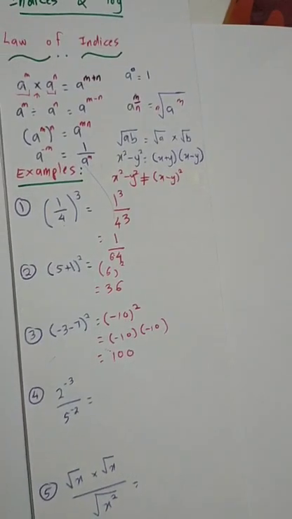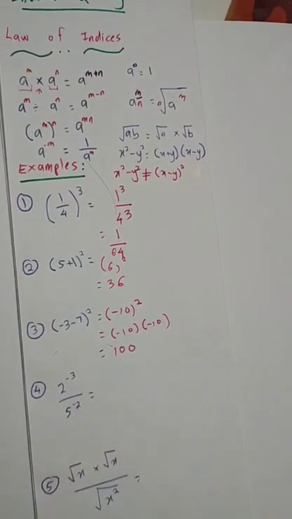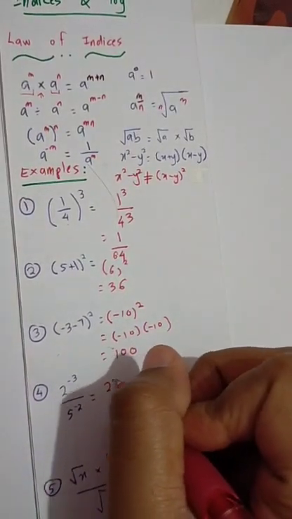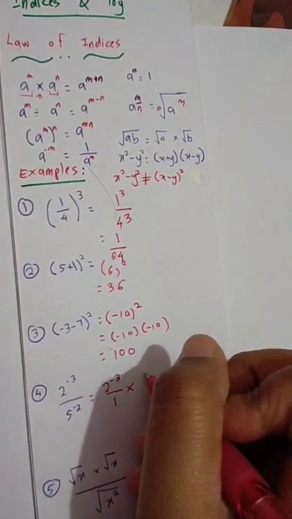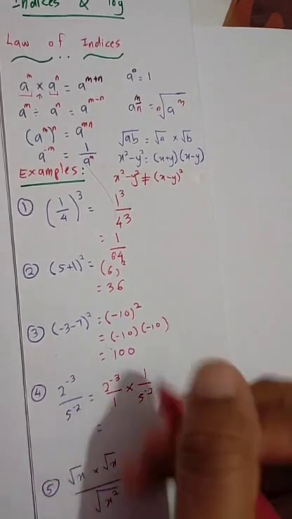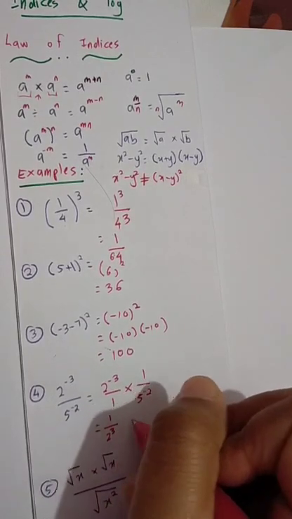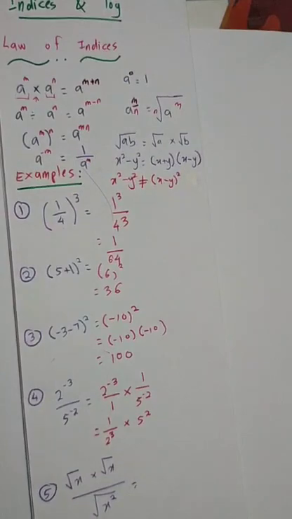Okay, the next one. You see here, we have 2 to the power of negative 3 and then 5 to the power of negative 2. So I know that this is equal to 2 to the power of negative 3 over 1, times 1 over 5 to the power of negative 2. If you want to make it positive, you have to flip it. So 1 over 2 to the power of 3, times 5 to the power of 2.